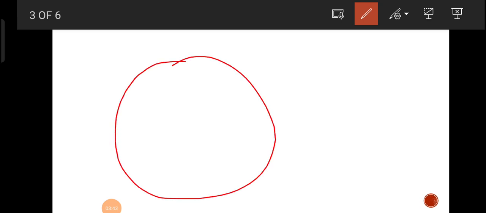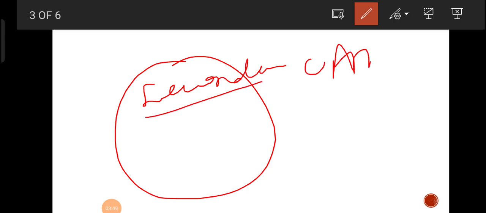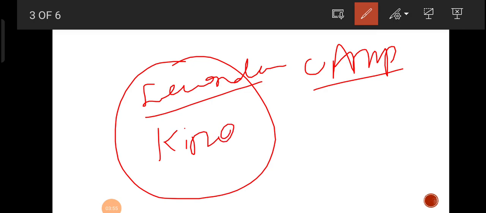Why do we need secondary messengers? Because the proteinous in nature hormone is a primary messenger, which carries information, and then at the level of the cell they start producing a secondary messenger, that is cyclic AMP. What does it do? It will activate kinases.